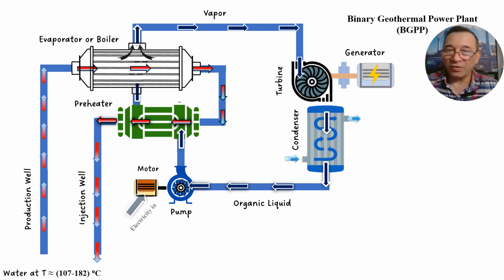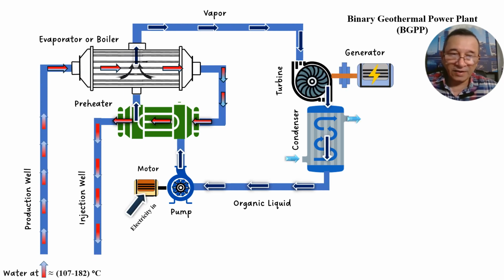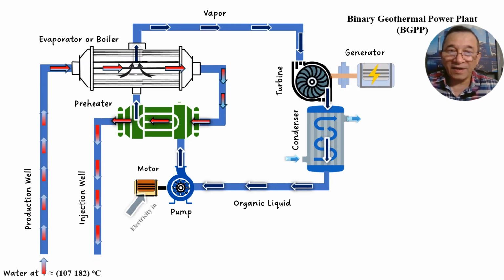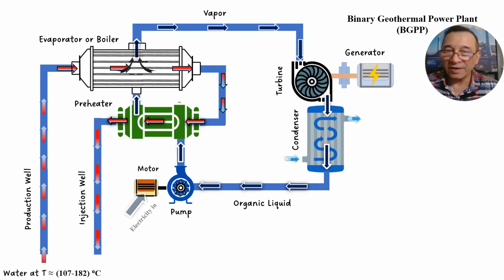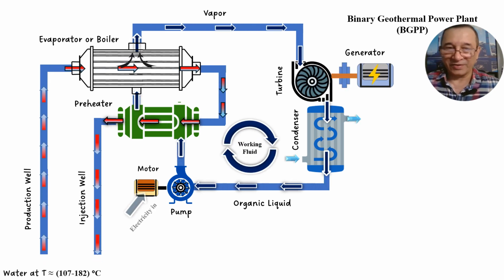Let us describe the binary geothermal power plant in this animated illustration. The hot water is supplied from the production well, passing through an evaporator to vaporize the organic fluid which is circulated in the second circuit.